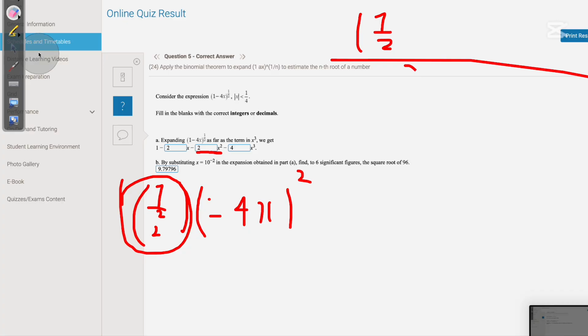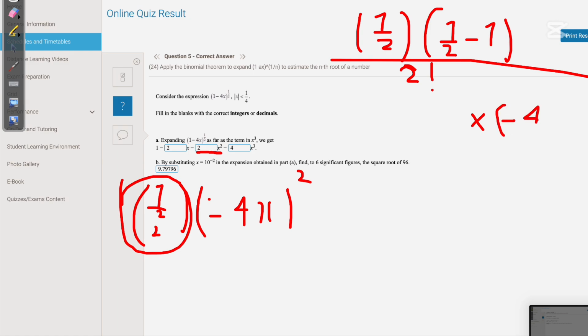For when k is 2, we're gonna do 1 over 2 times 1 over 2 minus 1 over 2 factorial, which is 2, so it doesn't really matter. And then all of this times negative 4 squared, which is 16. And that will give us also negative 2.